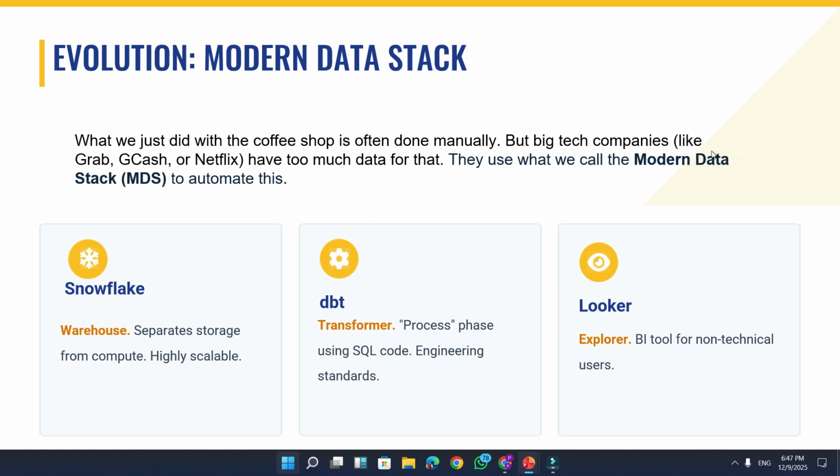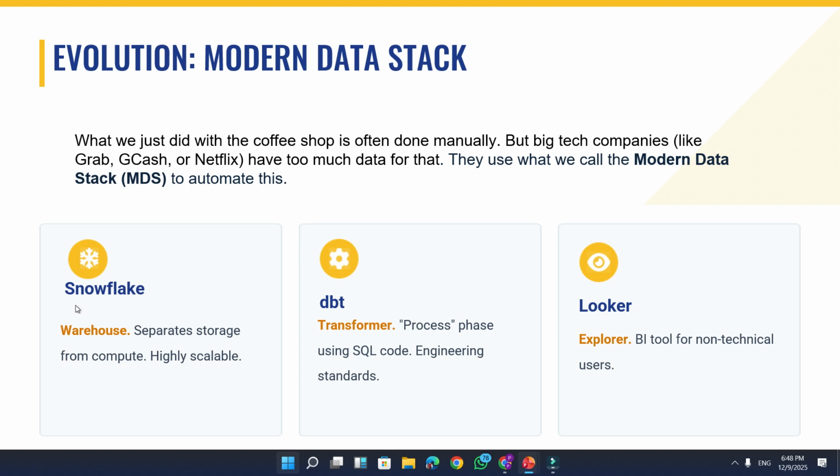The reason why they use modern data stacks is that they have a lot of employees, and most of the time all of them are not too technical, so they can be doing things quickly, but using advanced tools helps doing things and getting results more quickly than if you are using traditional tools.